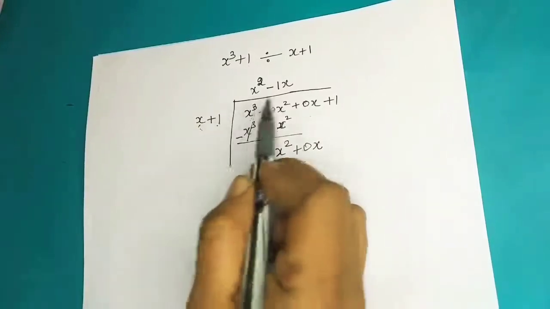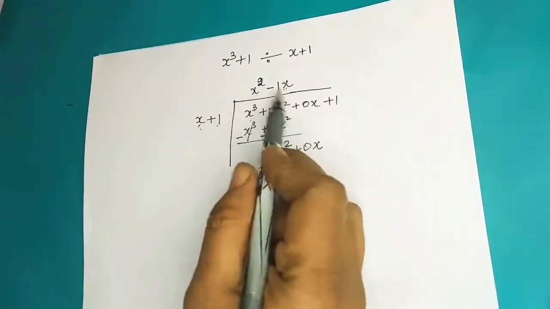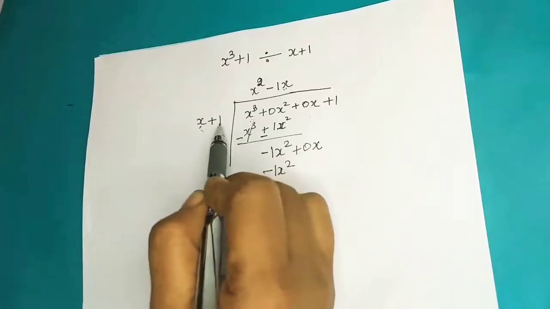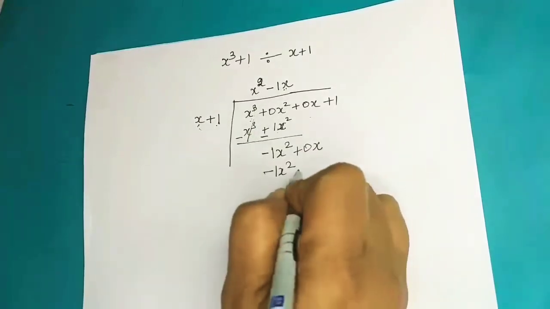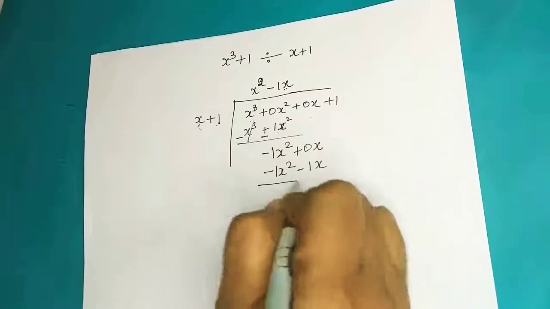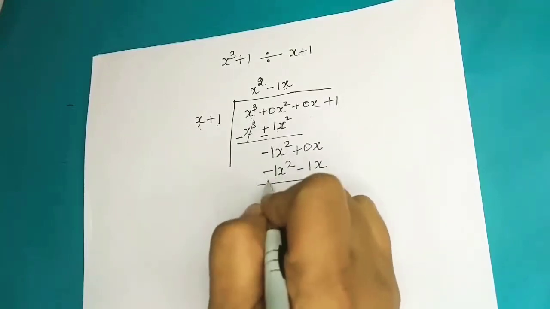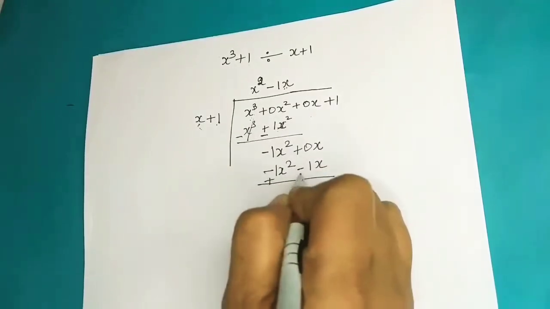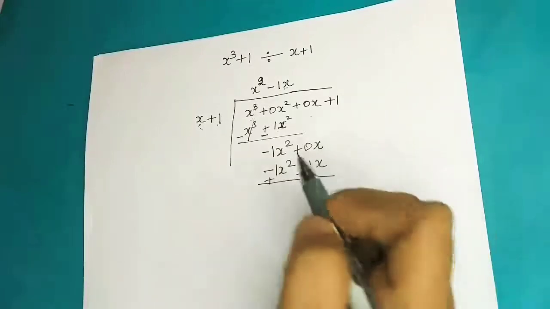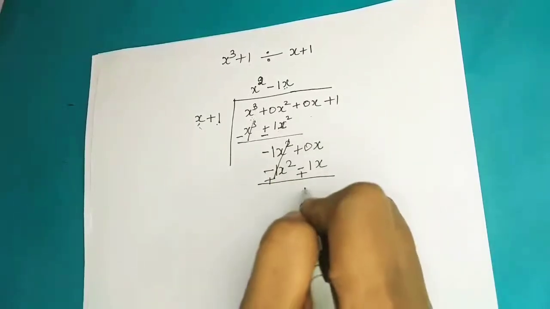Next, 1 into negative 1x is negative 1x, the same quotient with the next term of the divisor. While subtracting, change the sign, so this cancels and what remains is positive 1x.